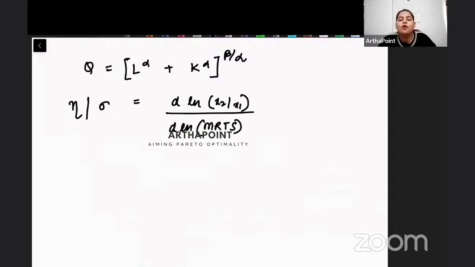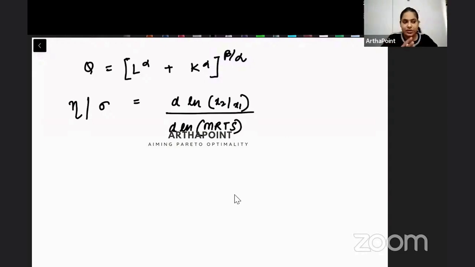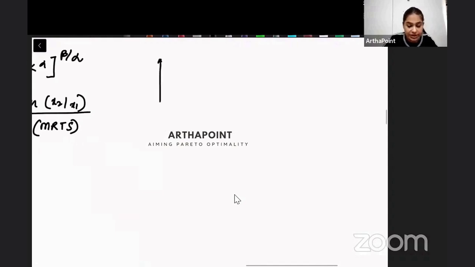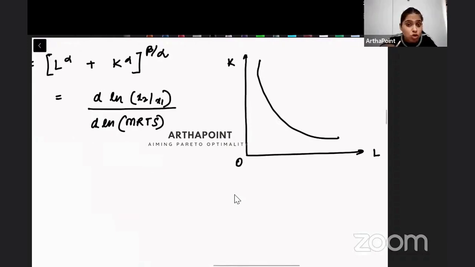For once and for all, I would like to clarify this. Dekho, when we talk about the numerator, if you are taking labor here and capital here, then the numerator says x2 by x1, which means this by this.